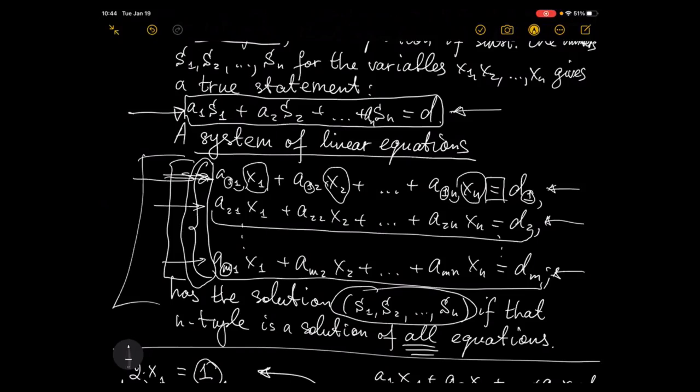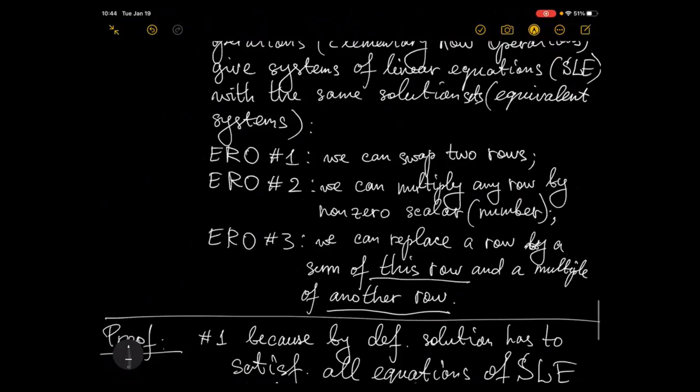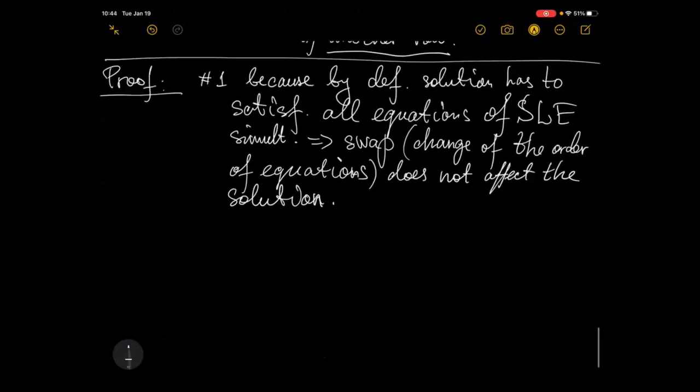Also, pay attention that this operation, swap of two rows, right, is invertible. I can swap them back and nothing changes, right? So I can always swap them back. So I'm not losing any information. Clear or not? That makes sense. Okay, number two.